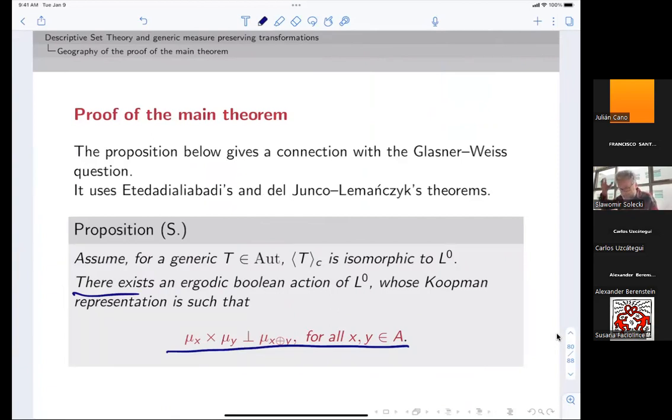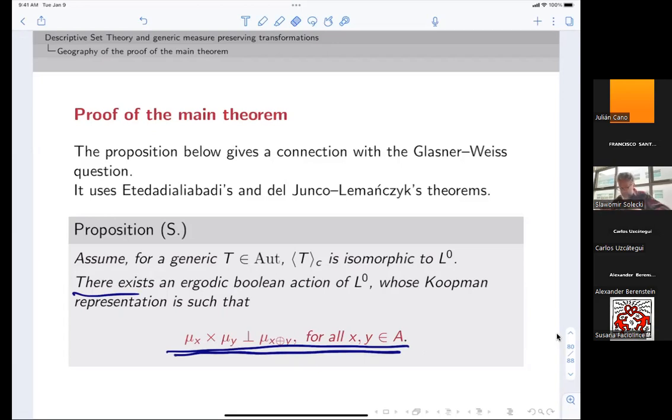This uses descriptive set theory in a crucial way. It uses a version of the Kuratowski-Ulam theorem, this Fubini type theorem, it uses Etedadi-Aliabadi's theorem that a Delhunco-Lemańczyk type of condition causes orthogonality for the measures, and it uses the Delhunco-Lemańczyk theorem that if for a generic T, I do get orthogonality.